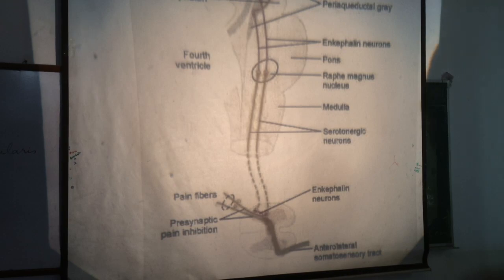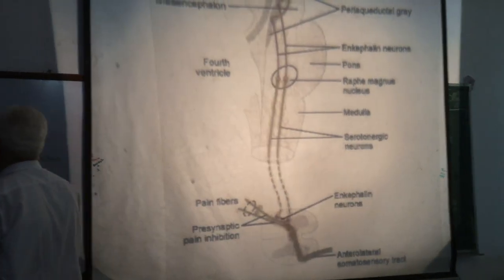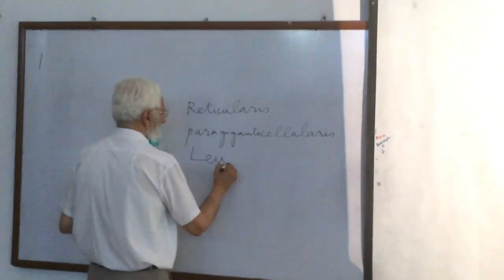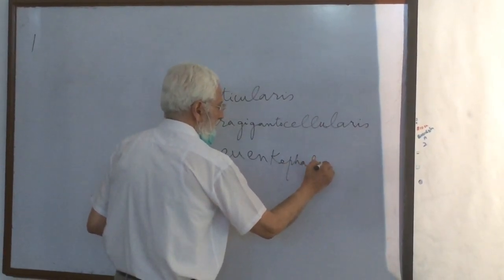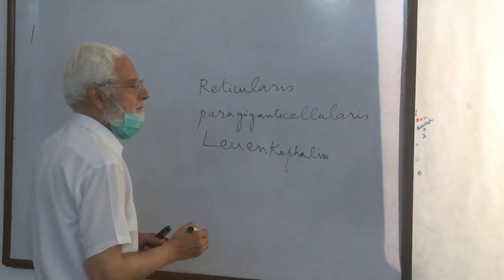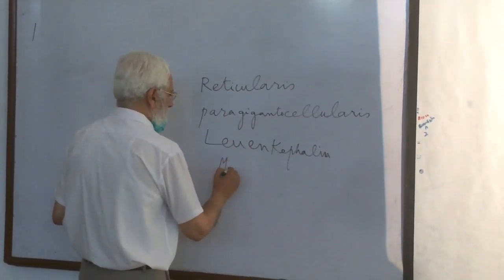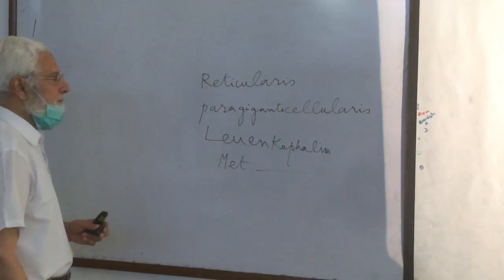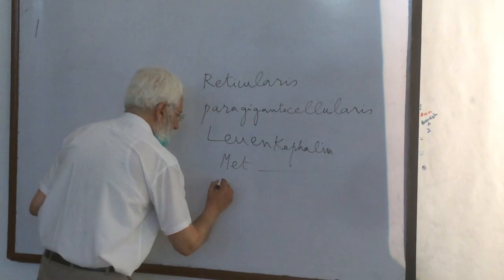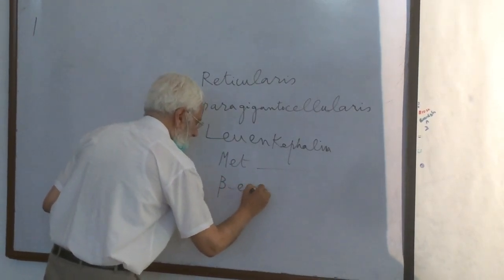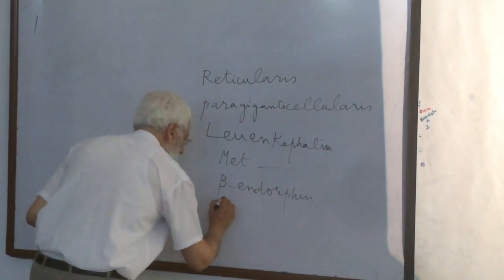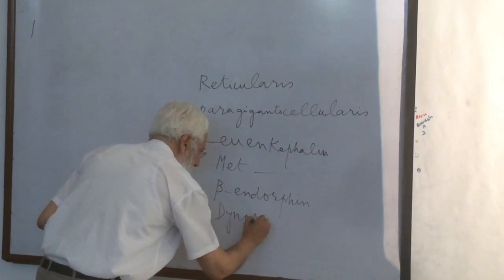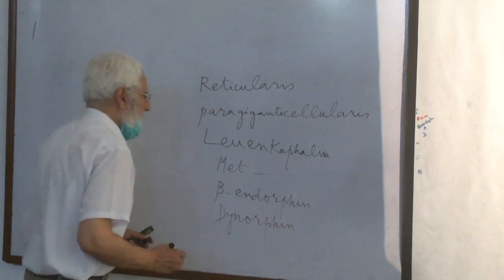There are different types of enkephalin, and also beta endorphin and dynorphin.